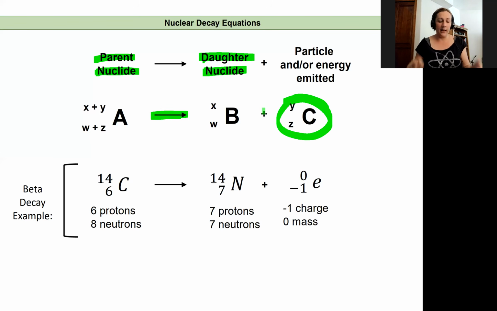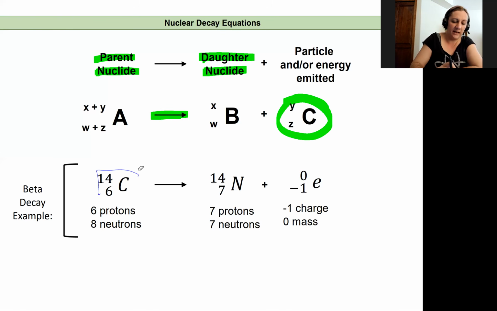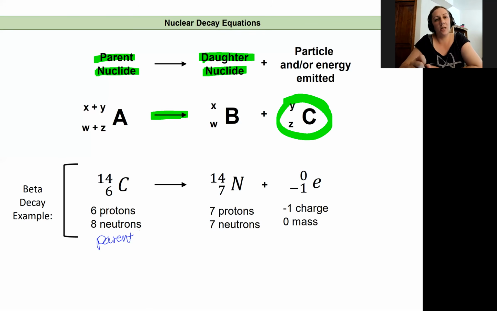Here's an example of what we call beta decay. So we have our parent nuclide right here, which is our carbon-14 atom. And we're going to structure our formulas not with chemical formulas, but now we're going to be using isotope symbols to represent these nuclides. So we have an isotope symbol for carbon-14.